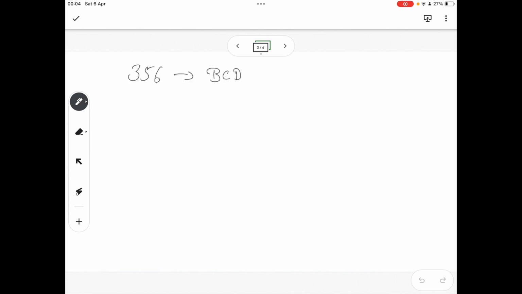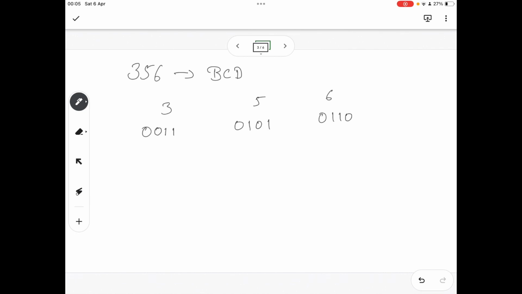Let's see the conversion. The number is 356, convert it into BCD. So let's take 3, 5, 6. 3 is 0011, 5 is 0101, 6 is 0110.